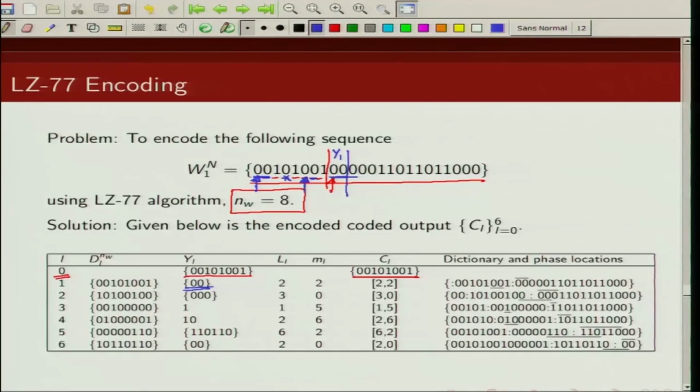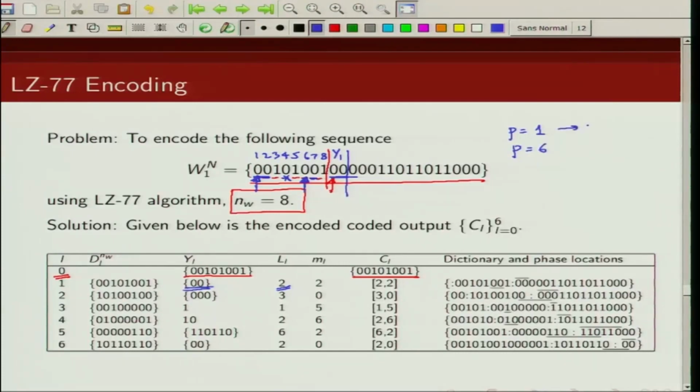Now what is the length of the match? That's 2. Now which are the locations where the match has happened? If I write this as 1, 2, 3, 4, 5, 6, 7, 8, the match has happened at p equal to 1 and at p equal to 6.